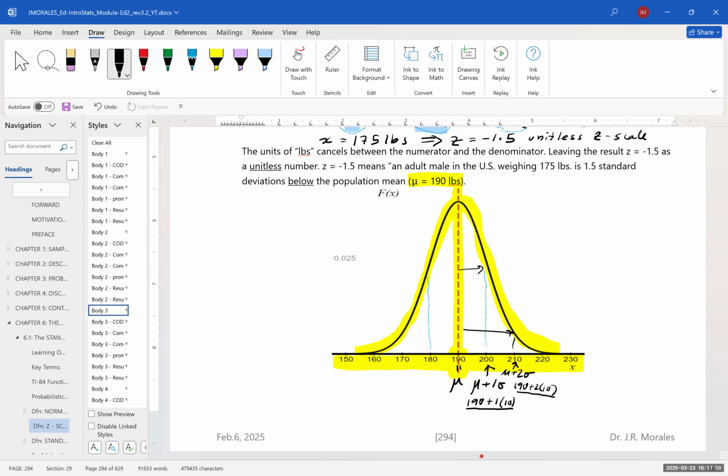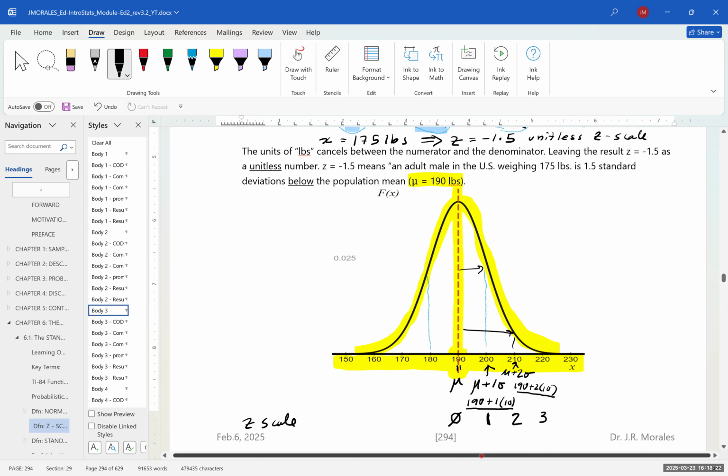And on a z-scale, the center of a normal distribution has a z-score of 0. One standard deviation away from the center is going to be a z-score of 1. 2 standard deviations away is going to be a z-score of 2.